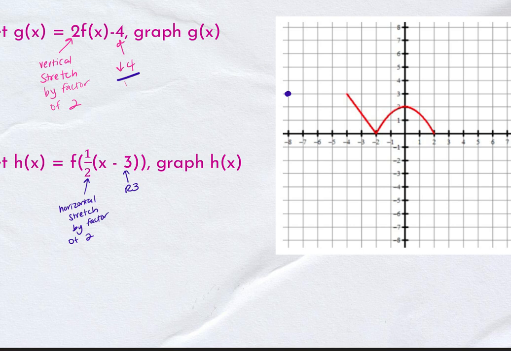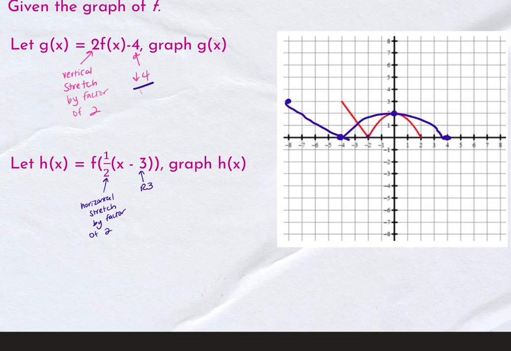No, it's by the reciprocal. So when it's horizontal, you flip it. Then the -2 would go to -4. The 0 would stay 0. The 2 would go to 4. So the stretch alone looks like that. Then I want to shift it to the right 3.